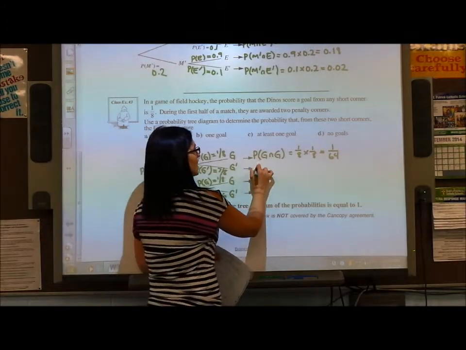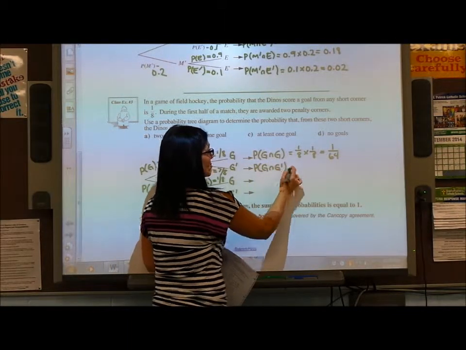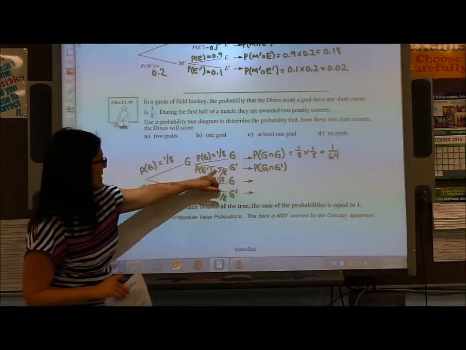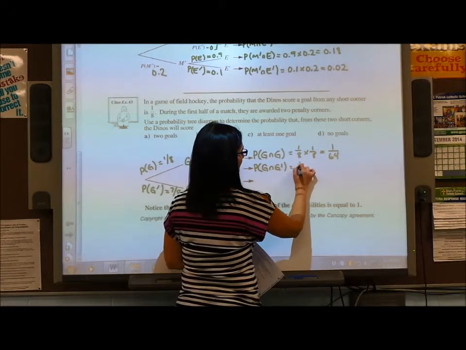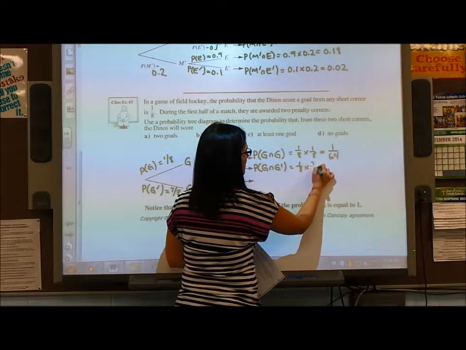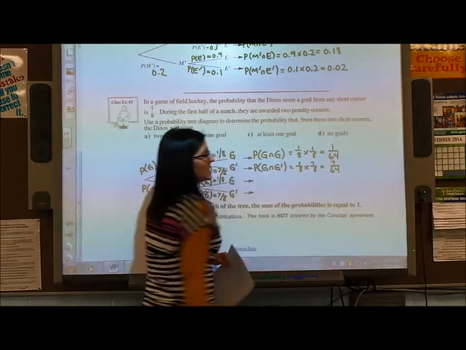The probability that they score a goal and they don't score a goal, that's following this line in here. So that becomes 1/8 times 7/8, which becomes 7/64.